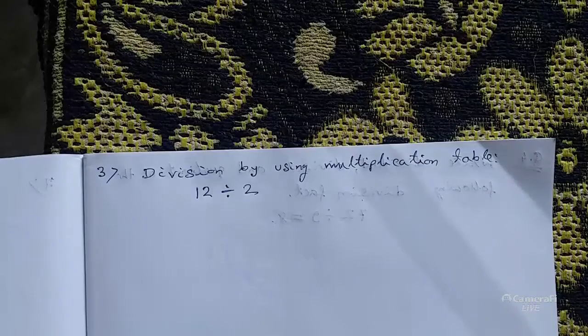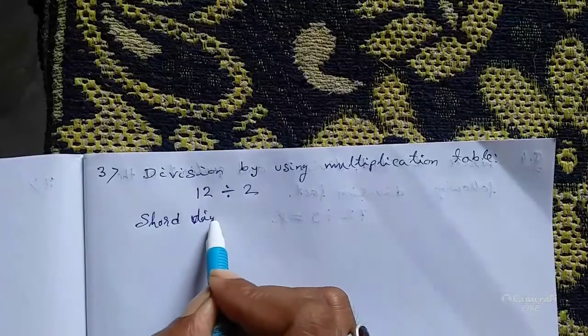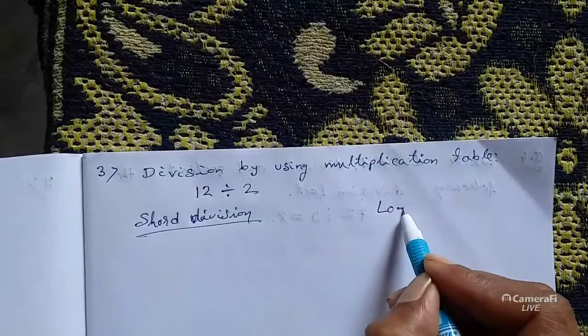So we will go through the table of 2 until our result comes to 12. There are two methods to find the division using the multiplication table. One is short division and another is long division.